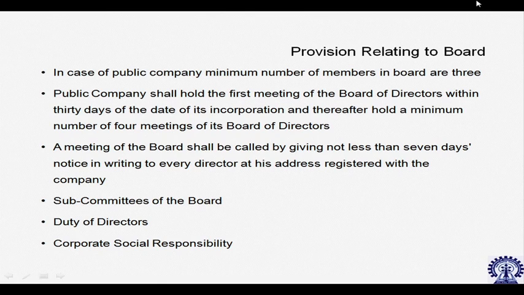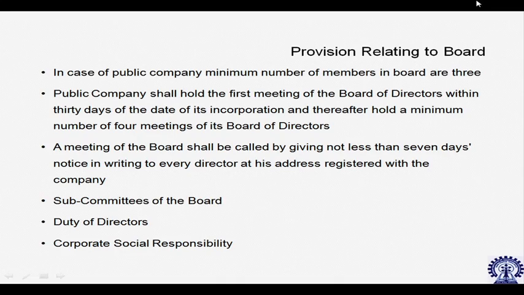Please remember, this disclosure is specified not only in the listing agreement, but in the statute itself. So, one needs to specify this information in the annual report itself.